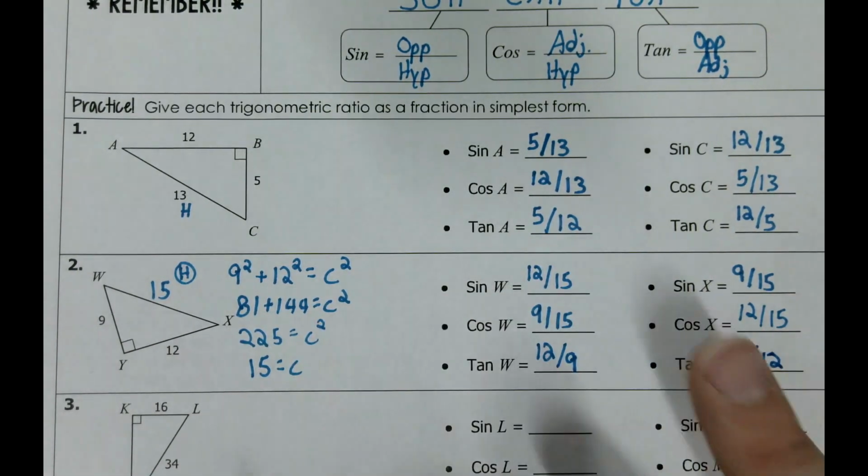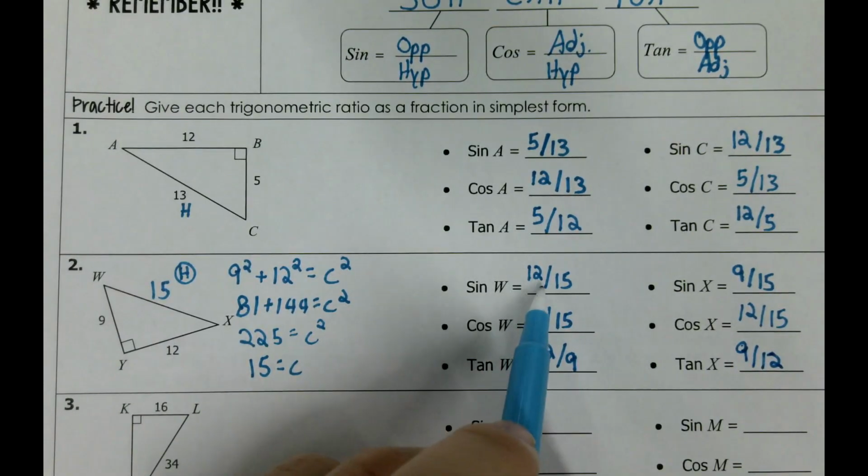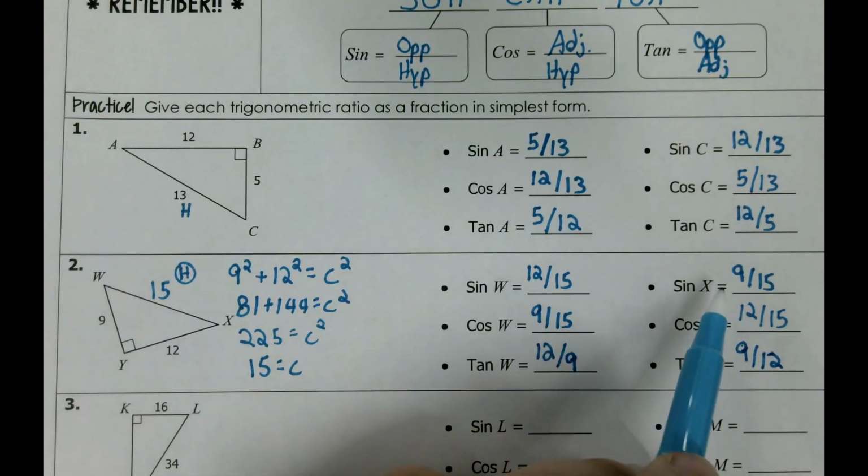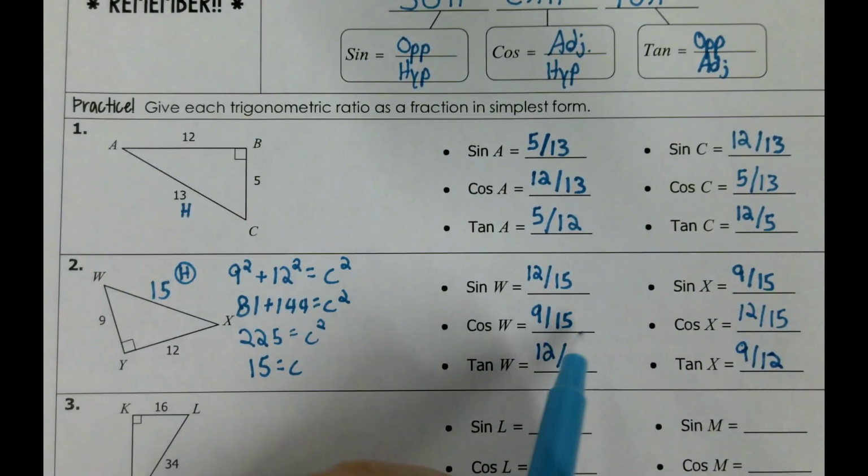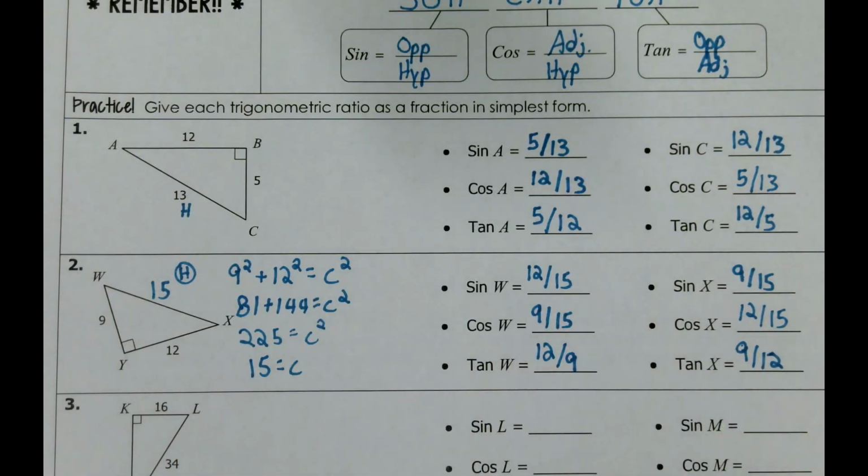Again, normally we would reduce these fractions, like this would end up being 4/5, this would be 3/5, 3/5, 4/5. So again, we would reduce those, but just for sake of time, we're just going to practice getting the actual ratio. So again, let's take a look at number 3, which is going to be our last example, and then you guys will practice this a little bit.